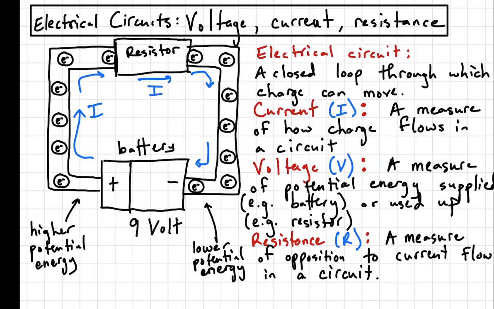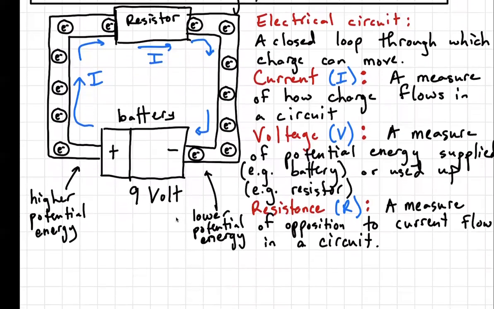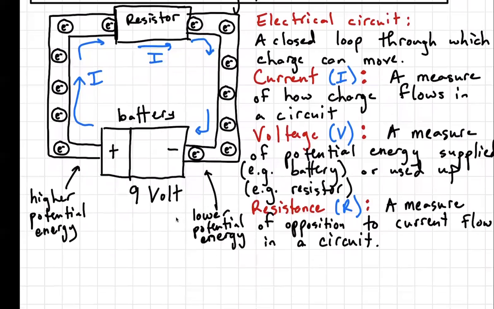And in fact, the way that all these quantities are related to each other is through something called Ohm's law. And let me write that down. So Ohm's law is this relationship between voltage, current, and resistance in a circuit. The voltage supplied is equal to the current that flows times the resistance.